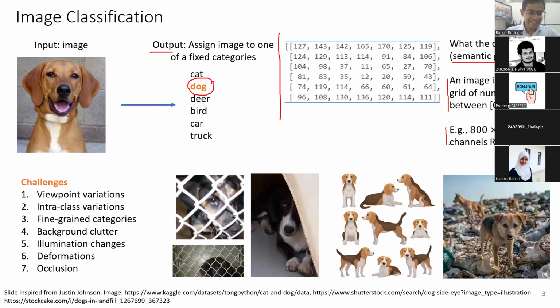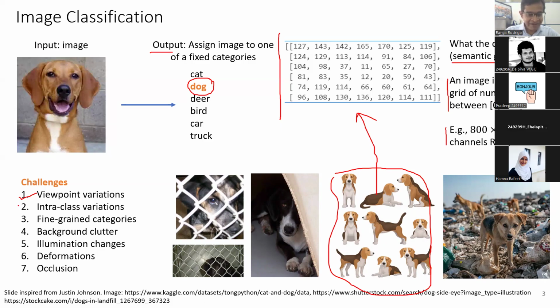So what are the challenges in this? Many challenges are there. One is viewpoint variations. You can see the same dog can appear in entirely different viewpoints, and due to this, the set of numbers will drastically change. Then intra-class variations.